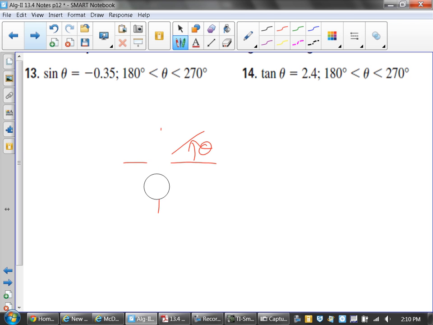Okay. All right. So inverse sine of negative 0.35. What do you get for theta? Let's try this again. What'd you get? Negative 20.49.